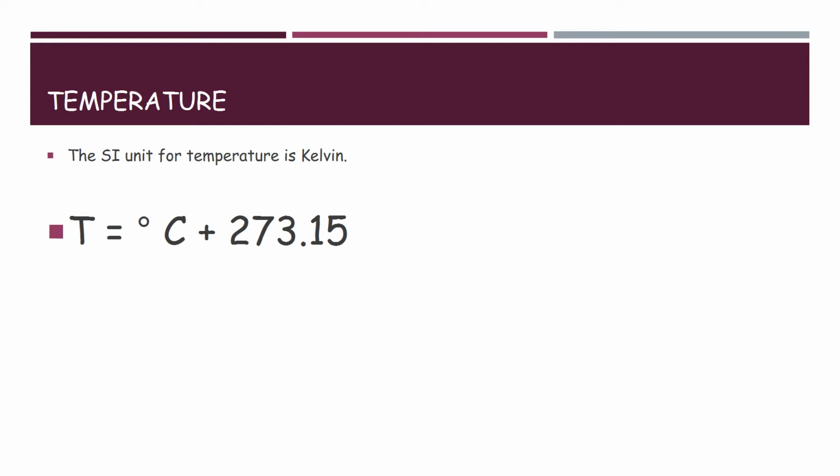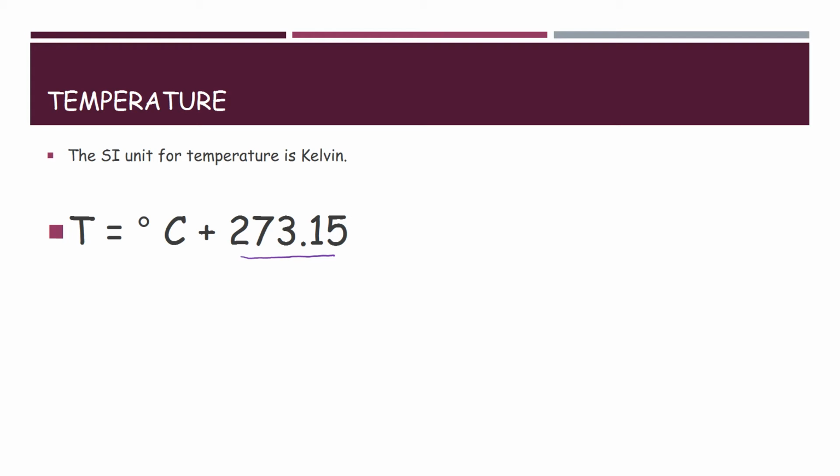For our chemistry, we need to use the Kelvin temperature scale or the absolute temperature scale. And so we need to be able to convert between Celsius and Kelvin. To convert between Celsius and Kelvin, you add 273.15. You don't have to remember that. That's on your data sheet.